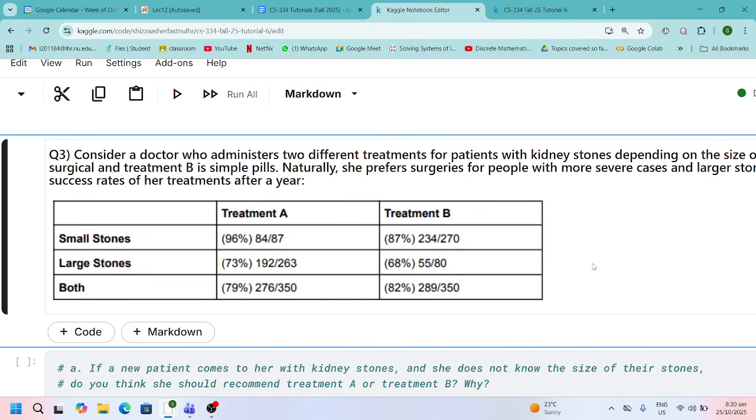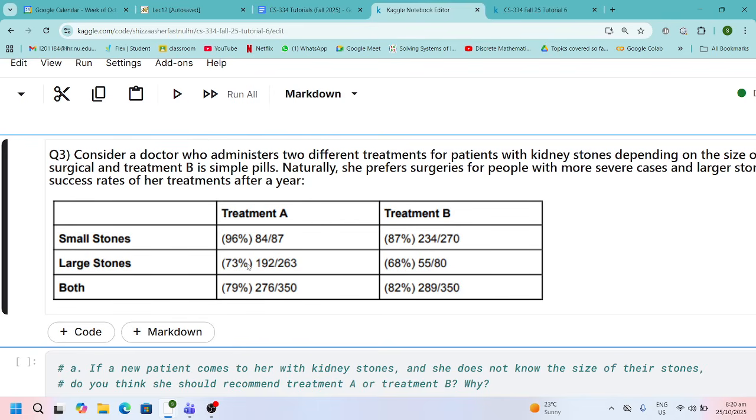What I observe over here is that individually, treatment A performs better than treatment B on small stones. On small stones, treatment A's success rate is 96%, and treatment B's success rate is 87%. Similarly, treatment A outperforms treatment B for large stones as well.